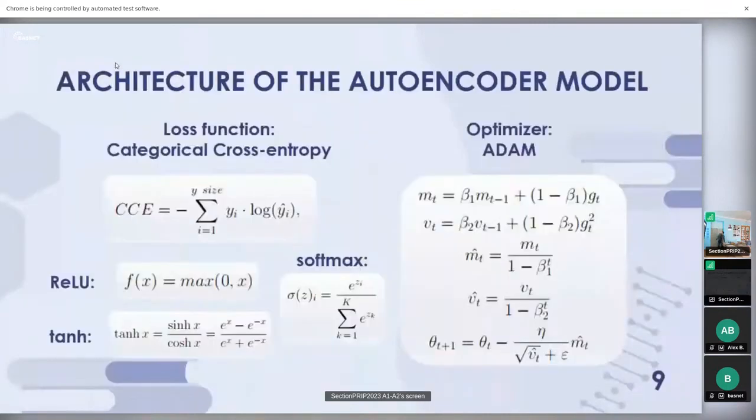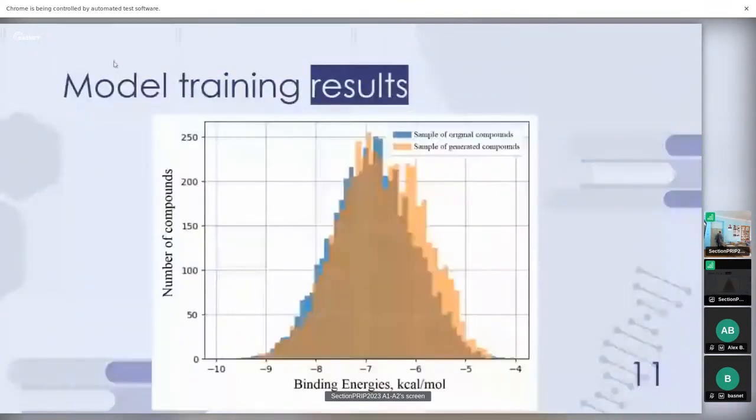And I think these are more interesting results. There is the binding energy. There are two histograms of binding energy distribution for the sample of original compounds and the sample of generated compounds.